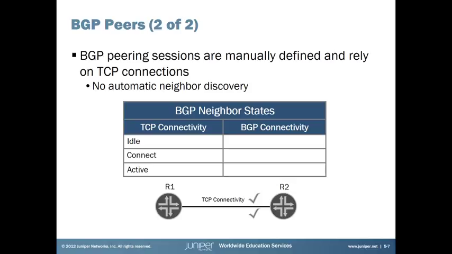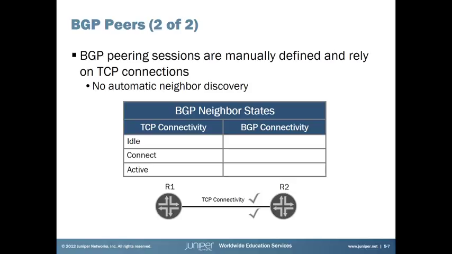So let's go through a little bit of this process of how the peers get connected. We'll get into the configuration of that later on, but we'll just go through the BGP process here. We start off in idle state, we then go to connect state, it then transitions into active state. The next state after that is called established state.